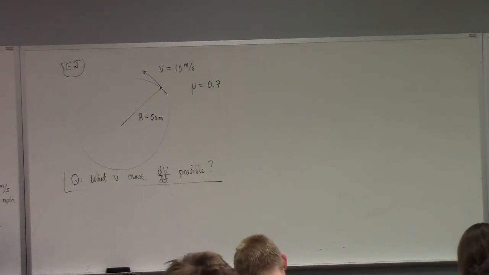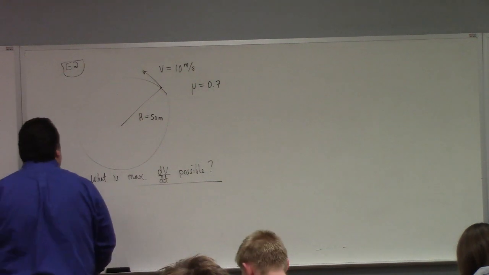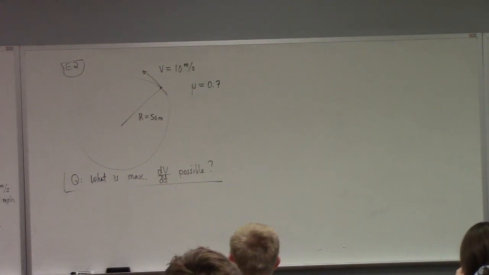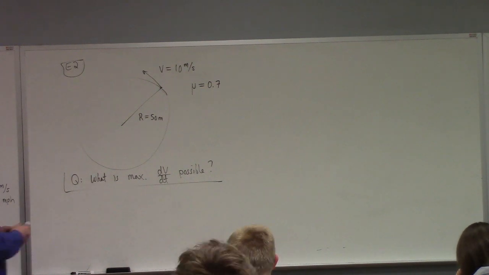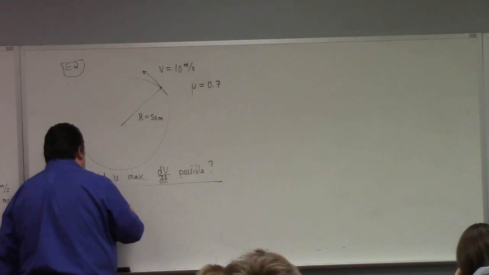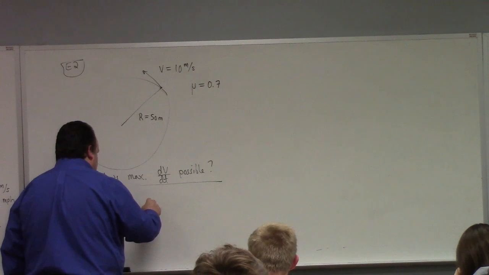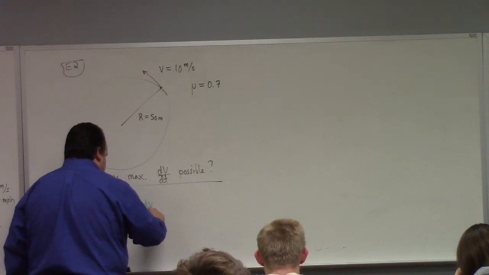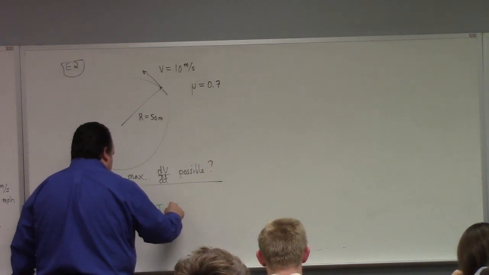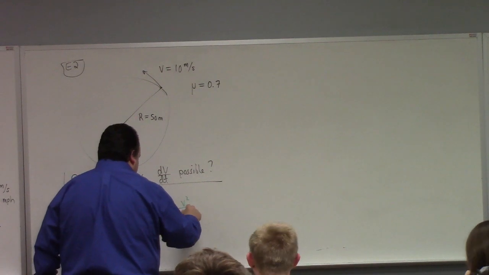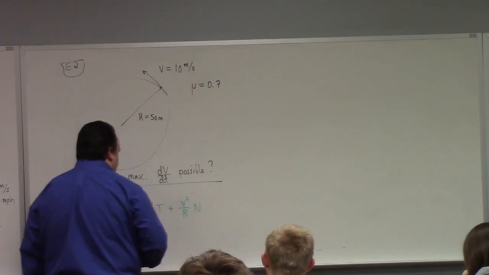So how does this work? In this situation, your acceleration is not center seeking, right? If you're speeding up, there's two pieces. As we derived, the acceleration has got two pieces. It's got your dv dt piece, which is tangential, and then you've got your v squared over r piece, which is normal.